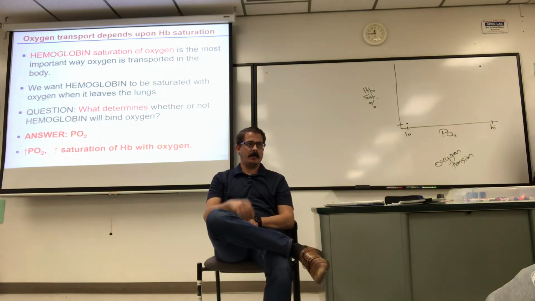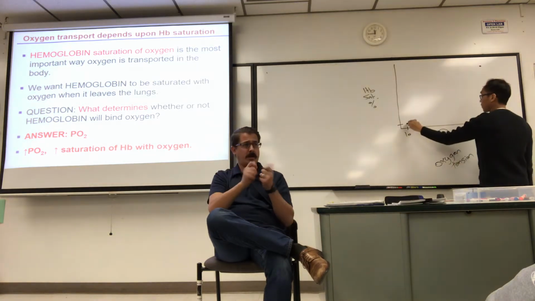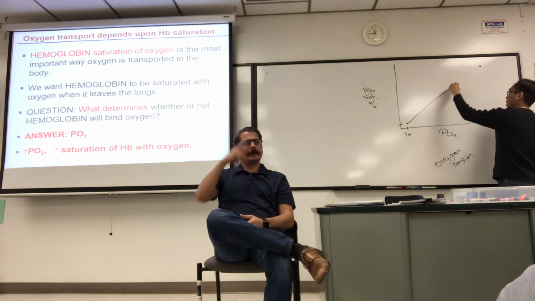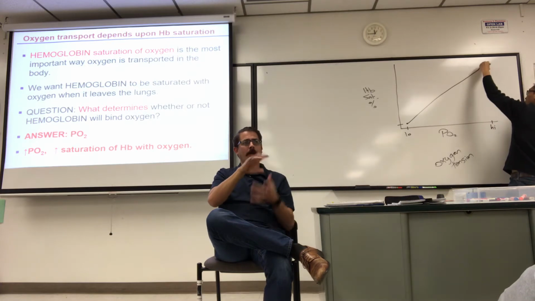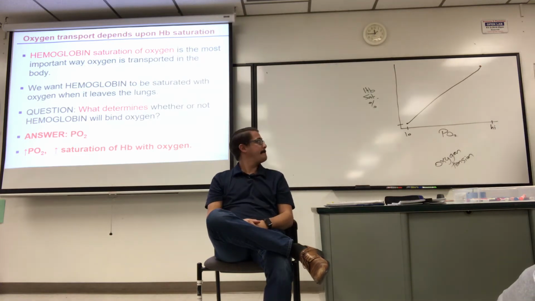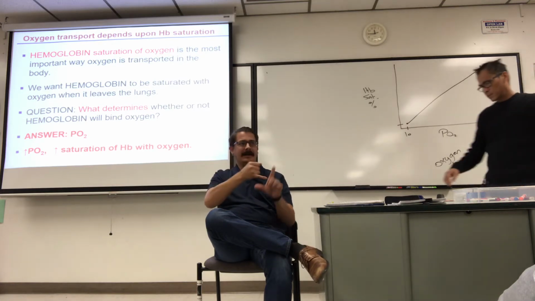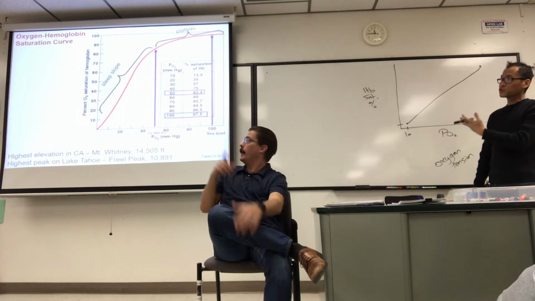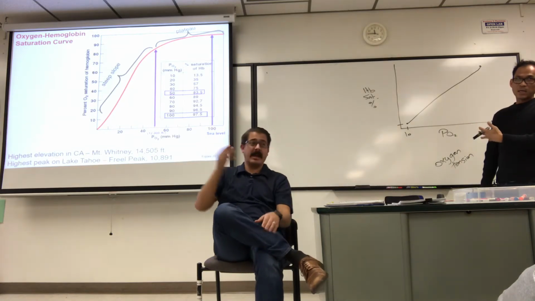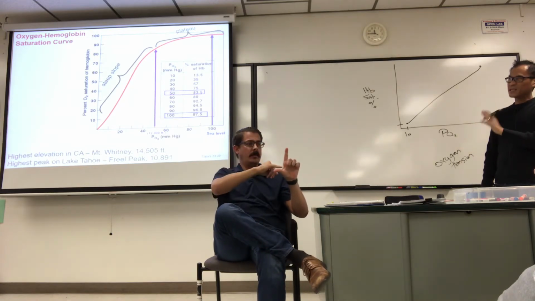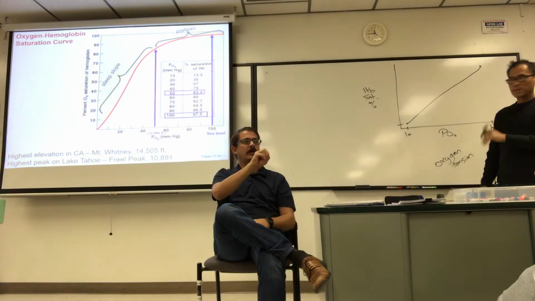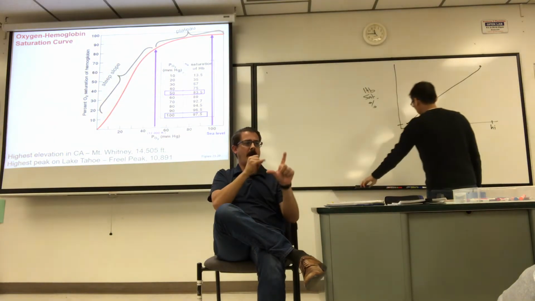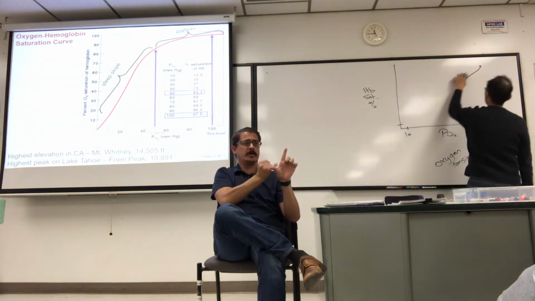Okay. And well, the question becomes, how does it change from low to high? Instinctively, you might think it's a linear relationship, but I wouldn't draw this straight line because that's not the case. It's kind of like that. So look at that curve. That's what it really is. Is that a straight line from low to high? No, we describe that as sigmoid shape. So it's not strictly a linear relationship.